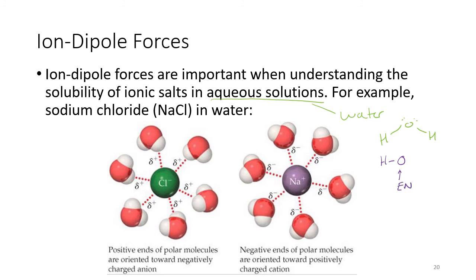When ionic solids, such as sodium chloride, dissolve to give hydrated ions, the negatively charged chloride ion will be surrounded by the partial positively charged hydrogen atoms in our water molecule. The positively charged sodium ion will be surrounded by the partial negative charge on the oxygen.